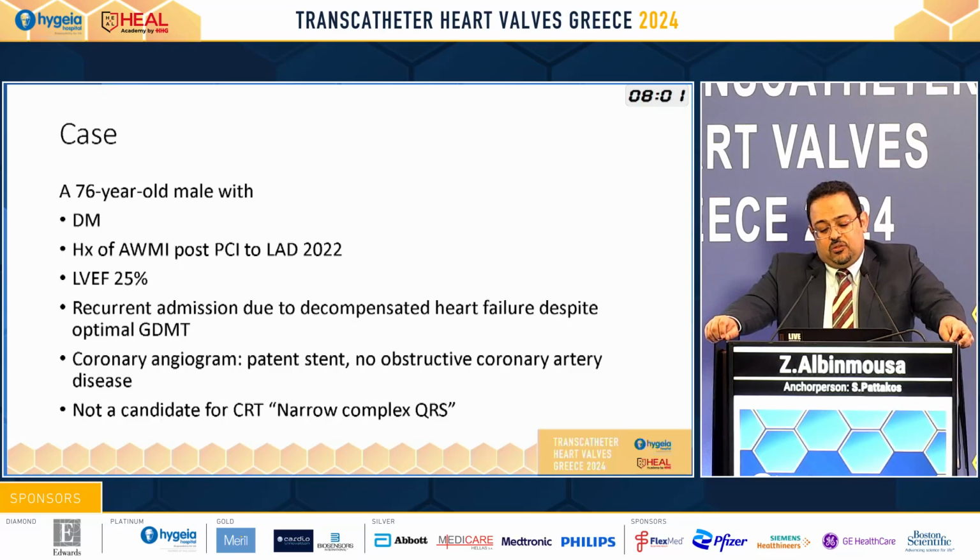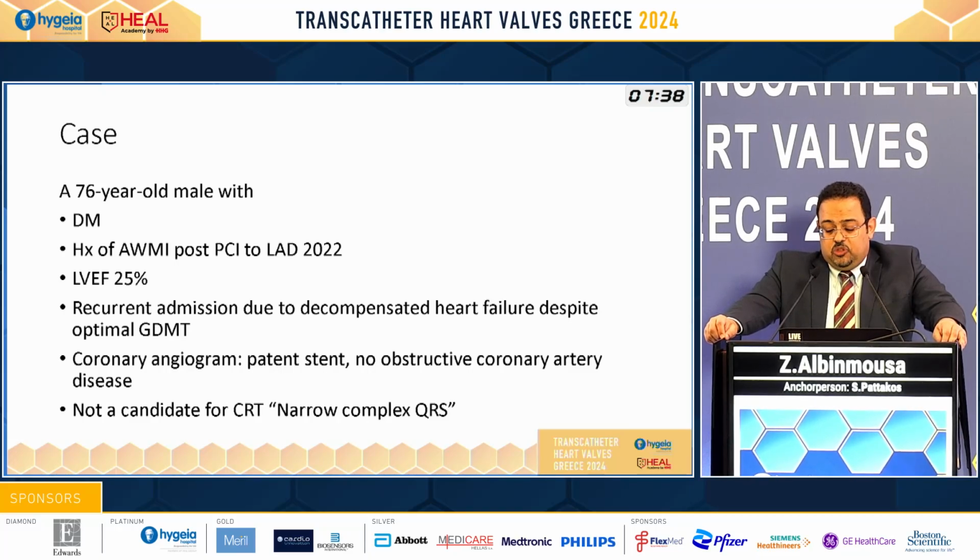A 76-year-old male, diabetic, with history of MI, post-PCI to LAD in 2022, ejection fraction severely reduced at 25%, with recurrent admission due to decompensated heart failure, despite optimal guideline-directed medical treatment.